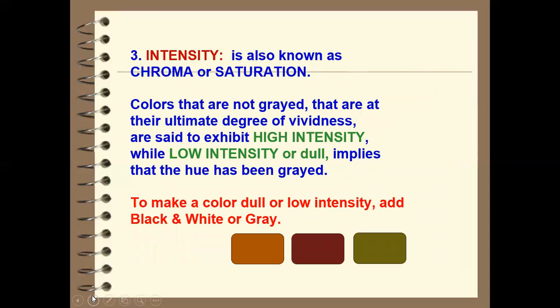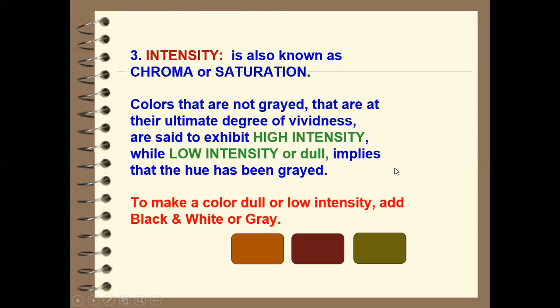So we have intensity. Intensity is also known as chroma or saturation. So colors that are not grayed, that are at their ultimate degree of vividness, are said to exhibit high intensity, while low intensity or dull implies that the hue has been grayed.